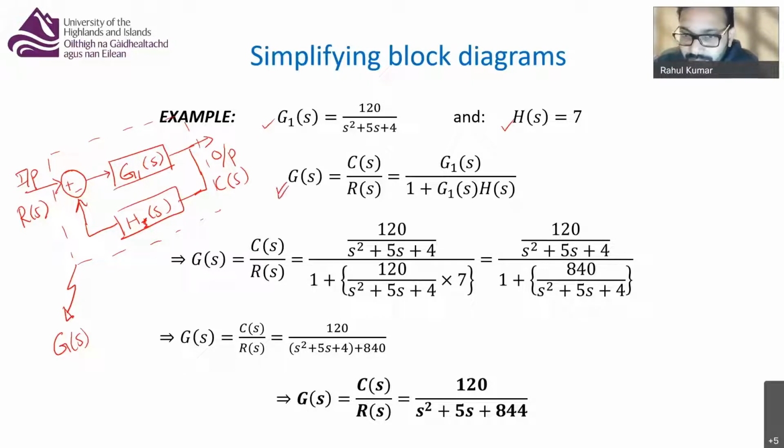That is G of s, the equivalent transfer function of both of these blocks with the summing junction, is G1 divided by 1 plus G1 H. Okay, I am already given the transfer functions. I will just put them in this formula and find the solution. So if you solve it correctly, you would end up getting 120 divided by s square plus 5s plus 844.